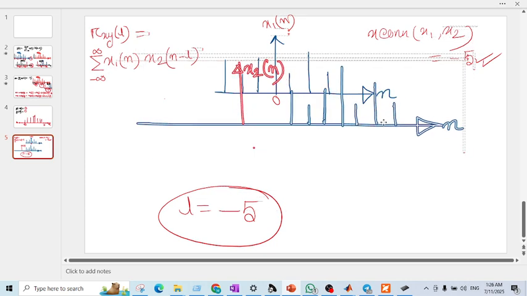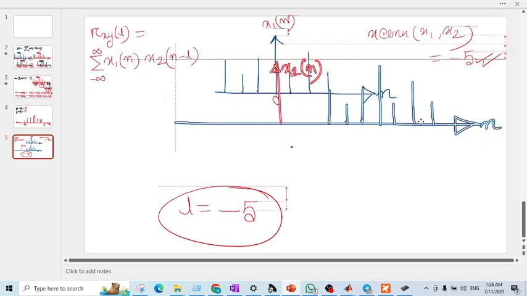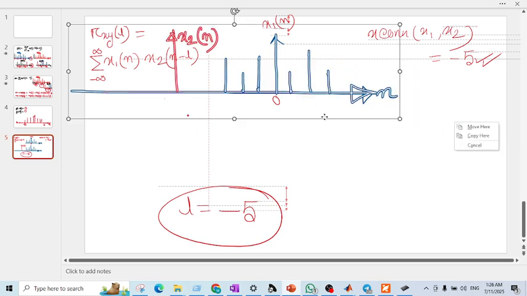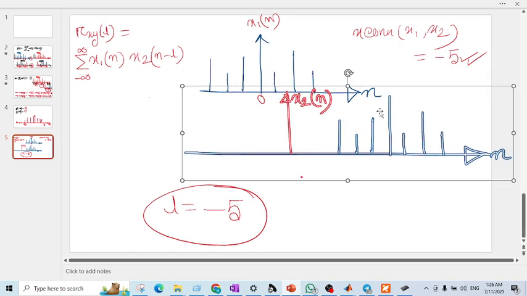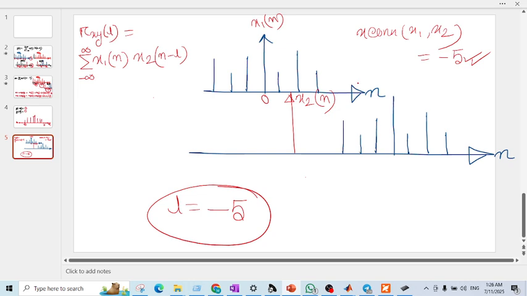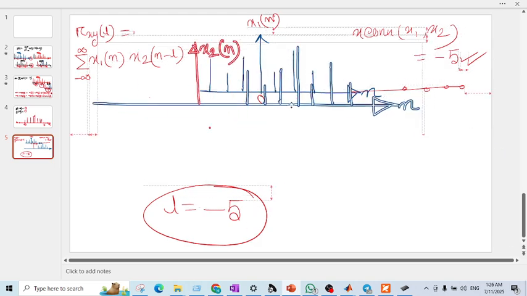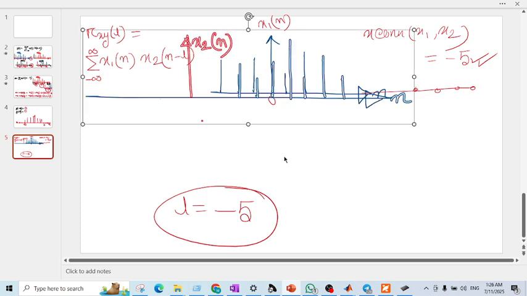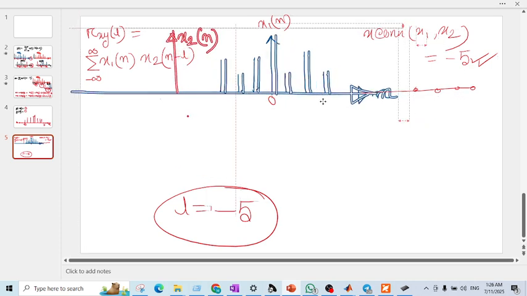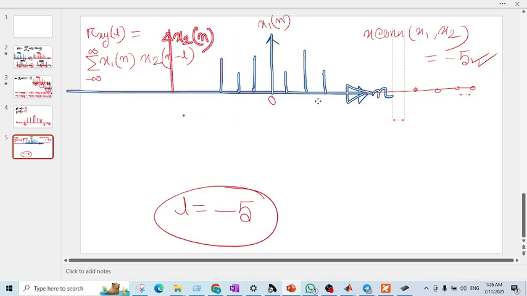Then again a lower value, again lower, and now it's 0. Because now you don't have any common region between x1 and x2. That means you have some zeros here, and you are multiplying x2 with zeros. So the cross correlation function will be zero here. So that's why when L is equal to -5, I get the highest value here. Okay, so thank you.